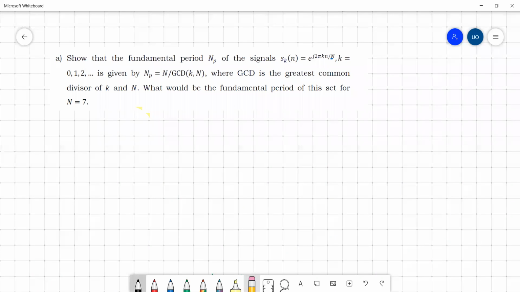So let's have K values 0, 1, 2, 3, 4, 5, 6, 7, and so on. Capital N is actually 7. For all these cases, capital N is actually 7.